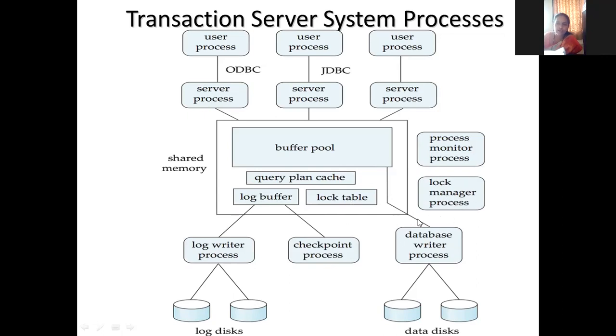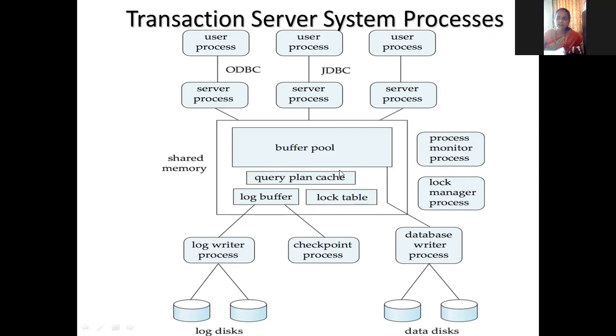For concurrency control, the locks can be assigned to those transactions: granting and releasing the locks, for avoiding concurrency problems. Then the database writer process: after executing that query, whatever output is produced is written back to memory, that is the disk.